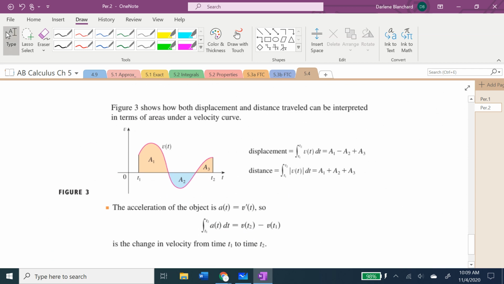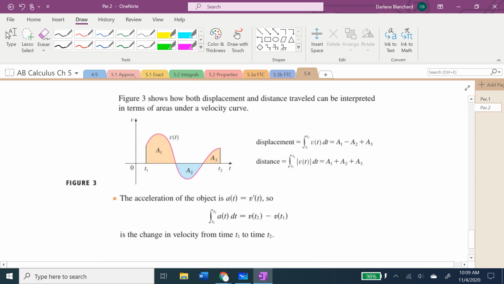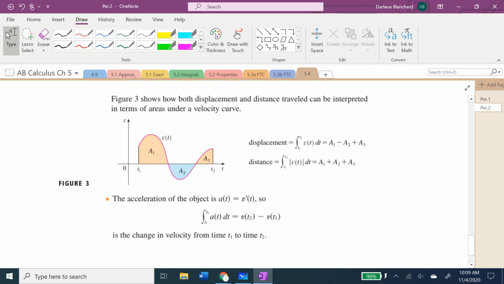And this is on the AP test, and you are expected to know this. So you have to know the difference between displacement and distance traveled. And I talked to you already about the fact that when velocity goes negative, we are taking away from the distance that we had already gone in the positive direction.